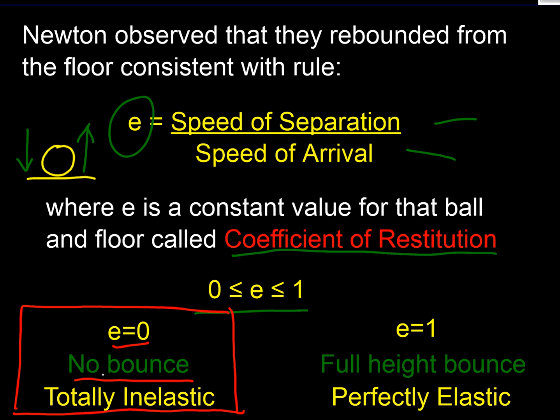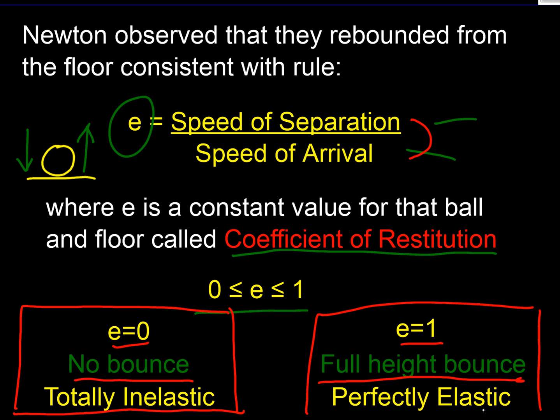At the other extreme, we get a super bouncy ball, one of those super balls, and they're going to bounce up as high as we drop them. So in that situation, the speed of separation equals the speed of arrival. e will be 1, we'd get a full height bounce, and this would be called a perfectly elastic collision.